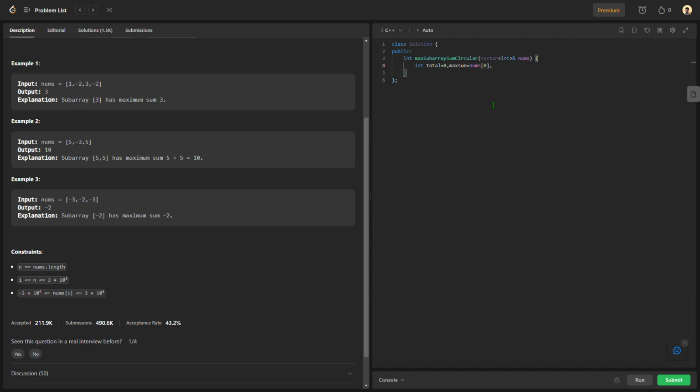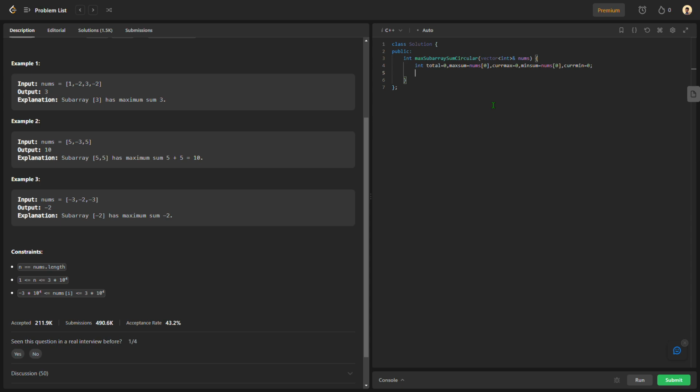Next, take current max, that is equal to 0. Min sum is equal to nums at 0, again a similar thing. And at last, current min is equal to 0.